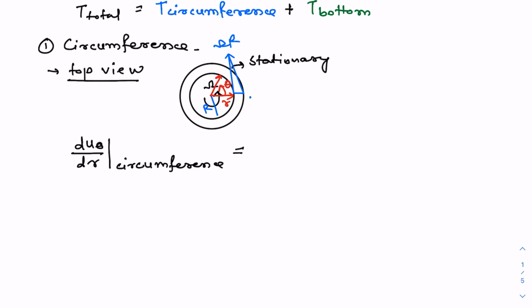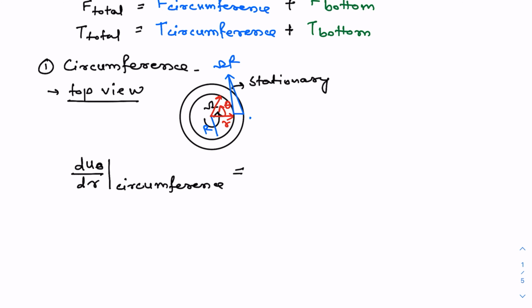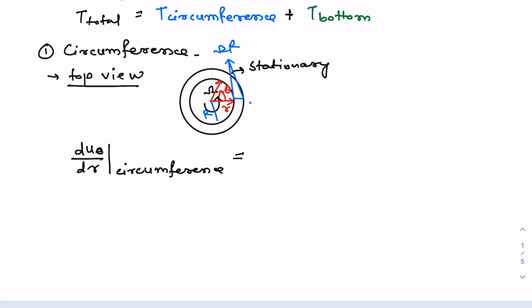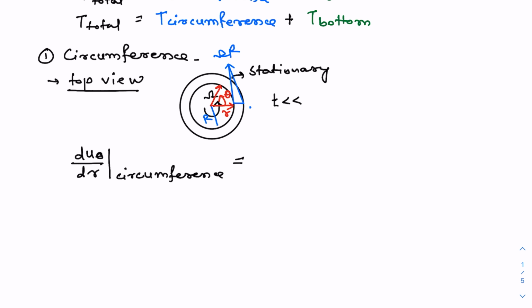And since the thickness of this gap t is very small compared to the radius, we can assume the fluid flow to be linear inside that narrow gap.